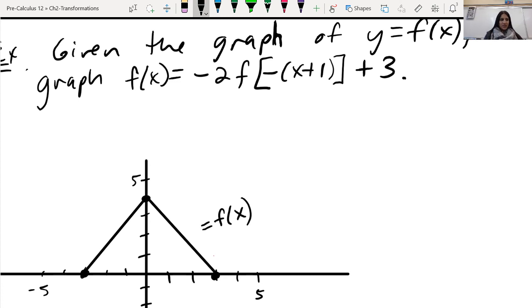We know what it is, so it's a little bit easier to work with. So if you look at this, it's negative 1, 2, 3. It's going to be the point (-3, 0), that's going to be the point (0, 4), and that's going to be the point (3, 0). So knowing that is a good place to start because it sort of allows us to figure out how to go through this.